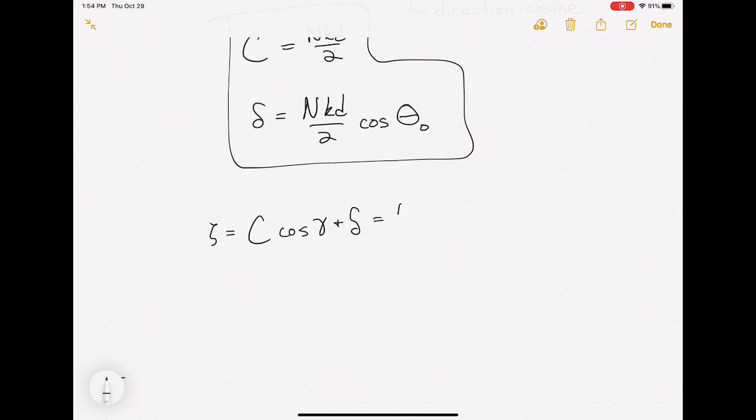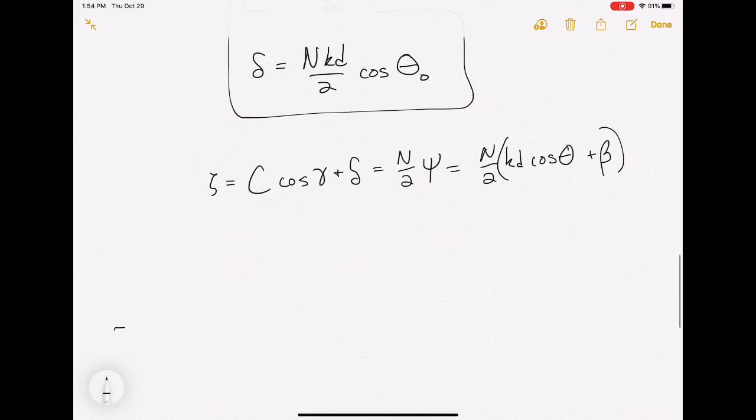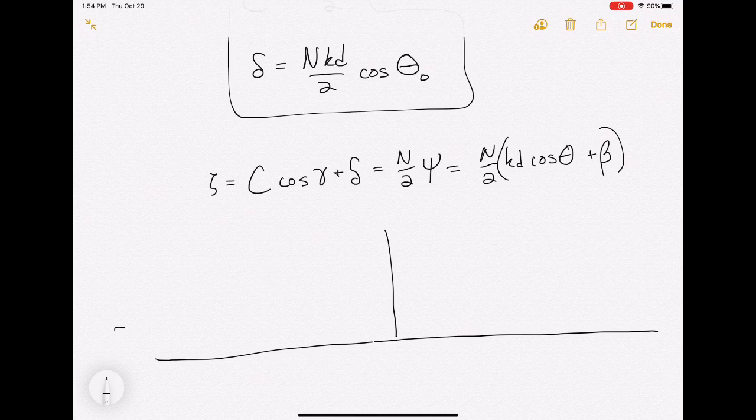Which, if we write it out, is N over 2 times the psi variable that we were using before, which is N over 2 k d cosine theta, plus beta. Then we plot our sinc function, or whatever the function is that determines our array factor, as a function of zeta. So if it is a sinc function, it's going to look like this because all sinc functions look like this.